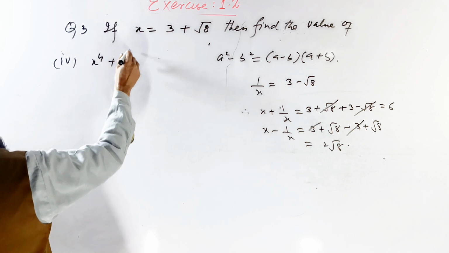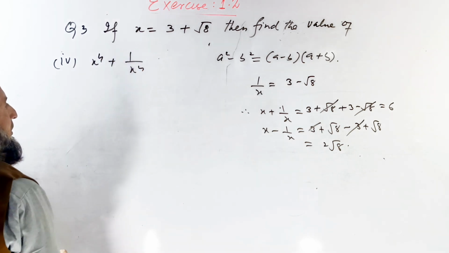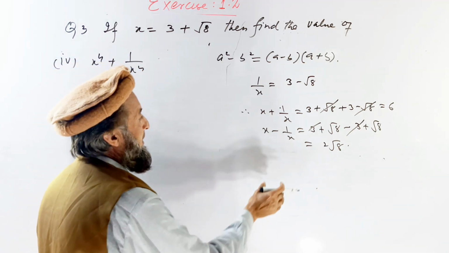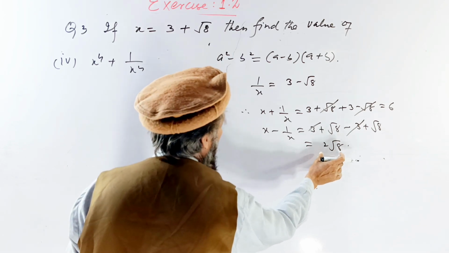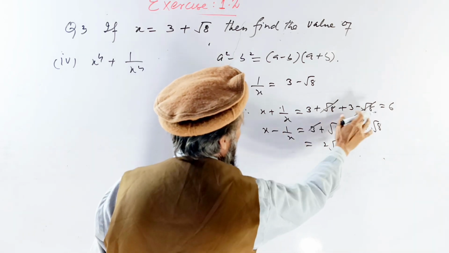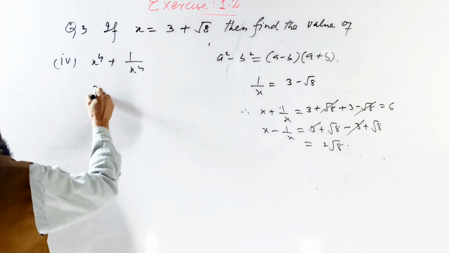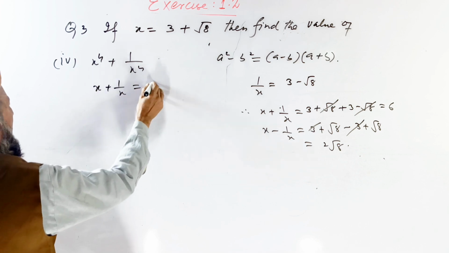x to the power 4 plus 1 over x to the power 4. We have already done x minus 1 over x. For example, I am solving from the first part, x plus 1 over x. We have already done x plus 1 over x is equal to 6.